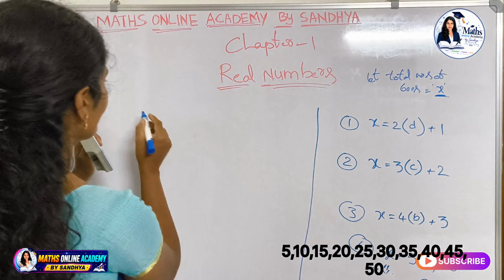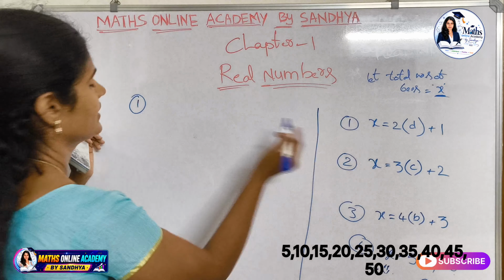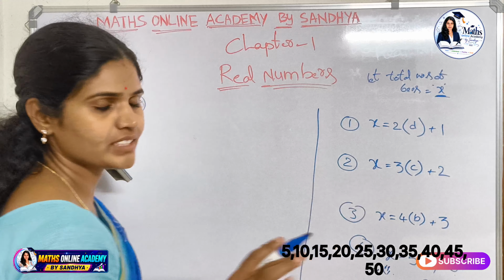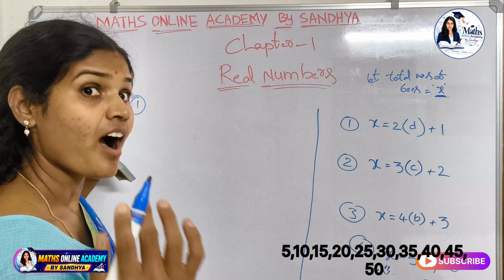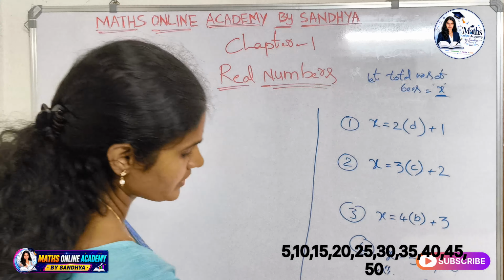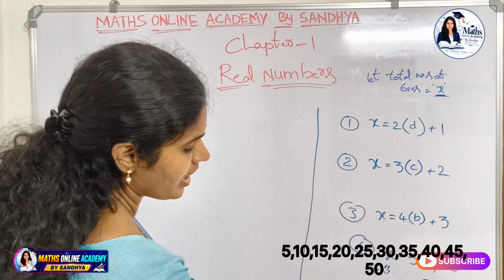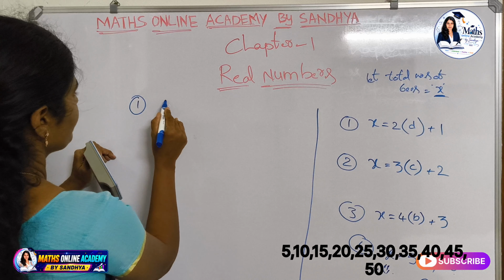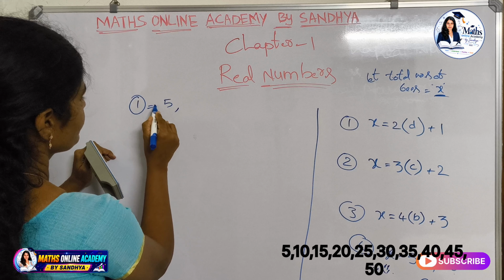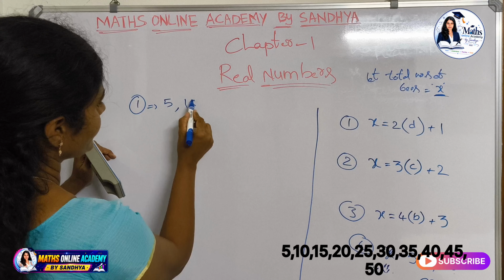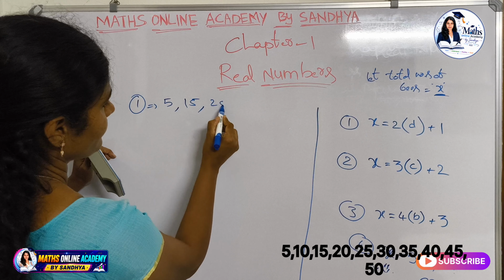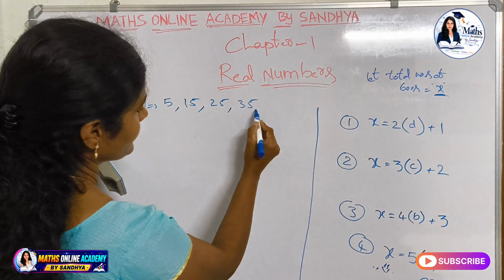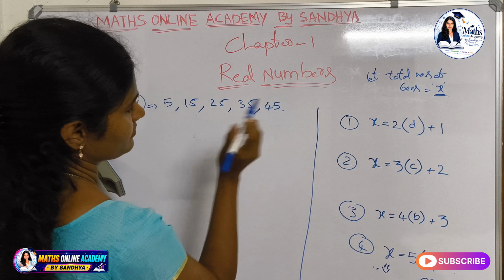And from the first condition, X equal to 2D plus 1. 2D plus 1 clearly means that it is an odd number. From this, we can choose odd numbers. What are odd numbers from 5 to 50? 5, and 10 is even, so 5, 15, 25, 35 and 45.